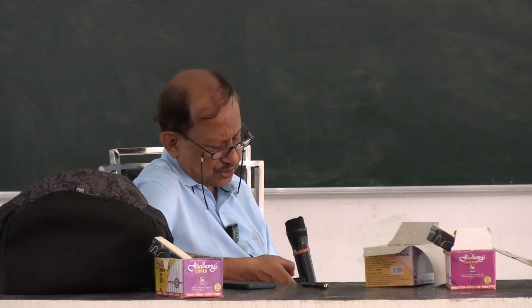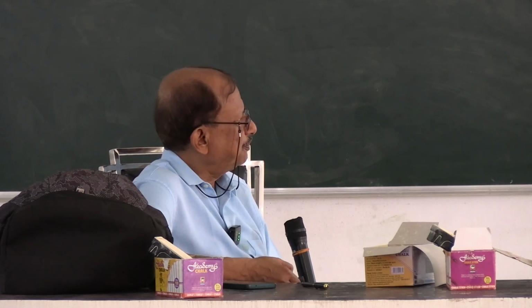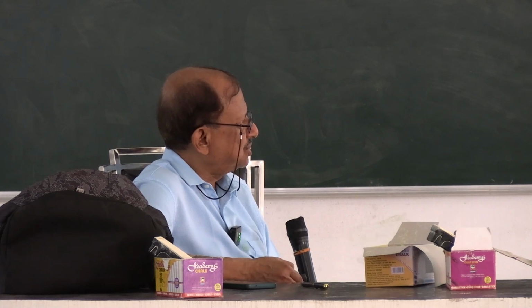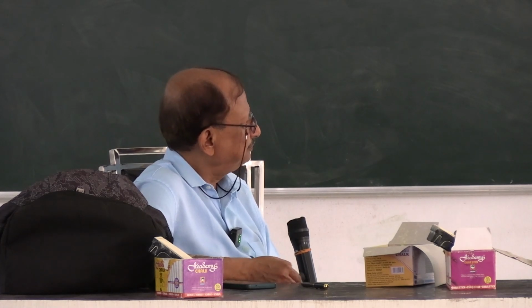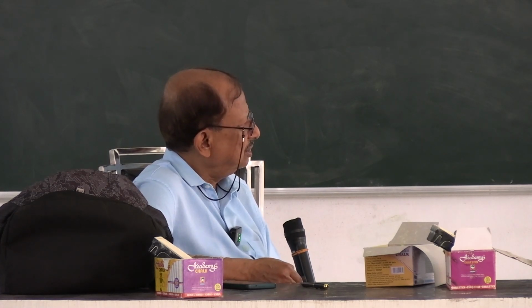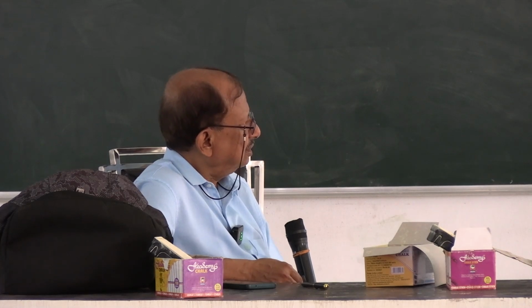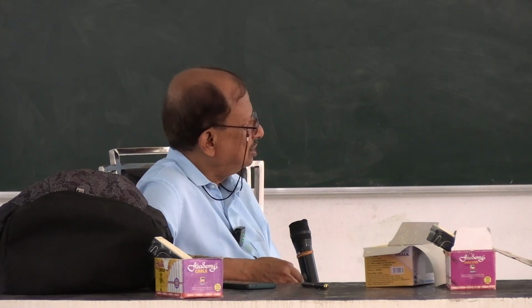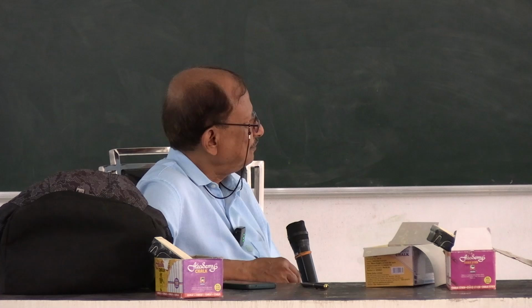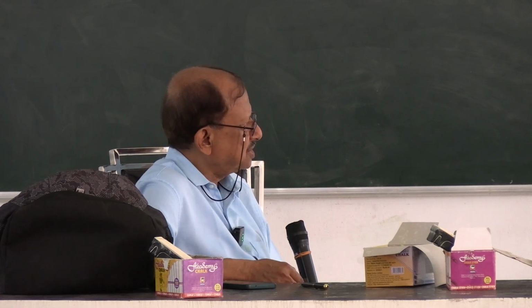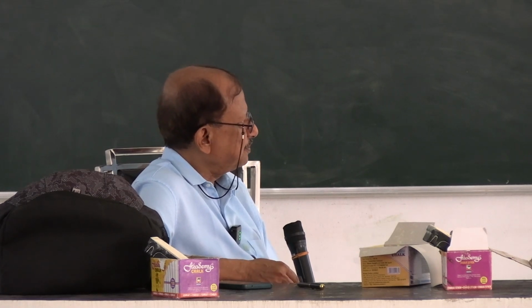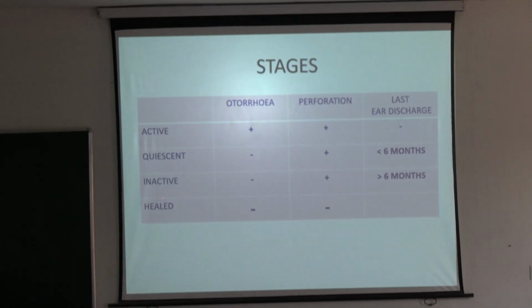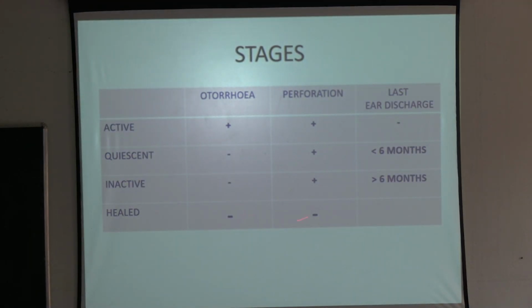Active means there is otorrhea, there is perforation and last year discharge is present. Quiescent means less than 6 months, there is no discharge, perforation is present. Inactive means more than 6 months, perforation is present, no otorrhea. Healed means no otorrhea, no perforation.